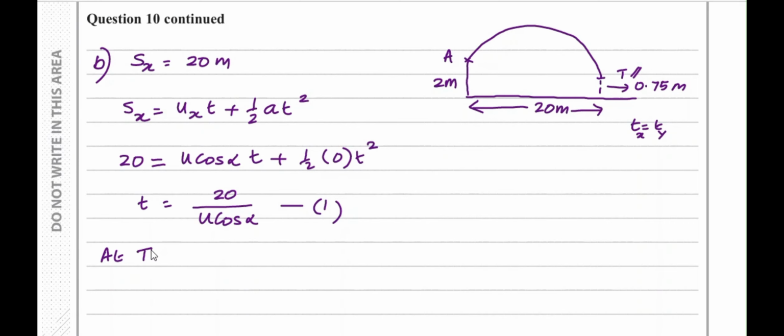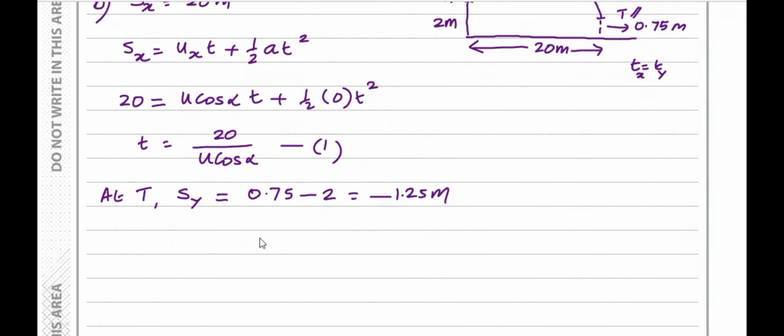At the target point T, the vertical displacement, let's call it Sy, will be equal to 2 meters minus 0.75 meters, or the other way around, because whatever is coming down, we are going to take as negative. So let's put it as 0.75 minus 2, which is minus 1.25 meters.